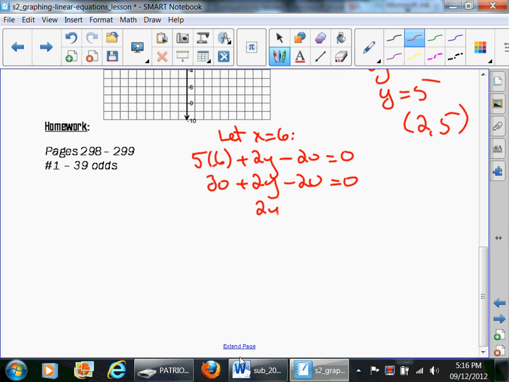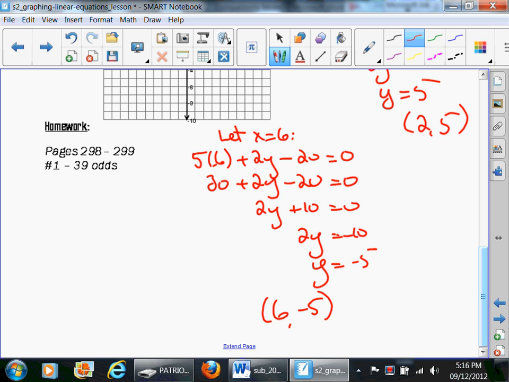So I get 2y plus 10 is 0. 2y equals negative 10. y equals, if we divide, negative 5. So we have the point 6 and negative 5.